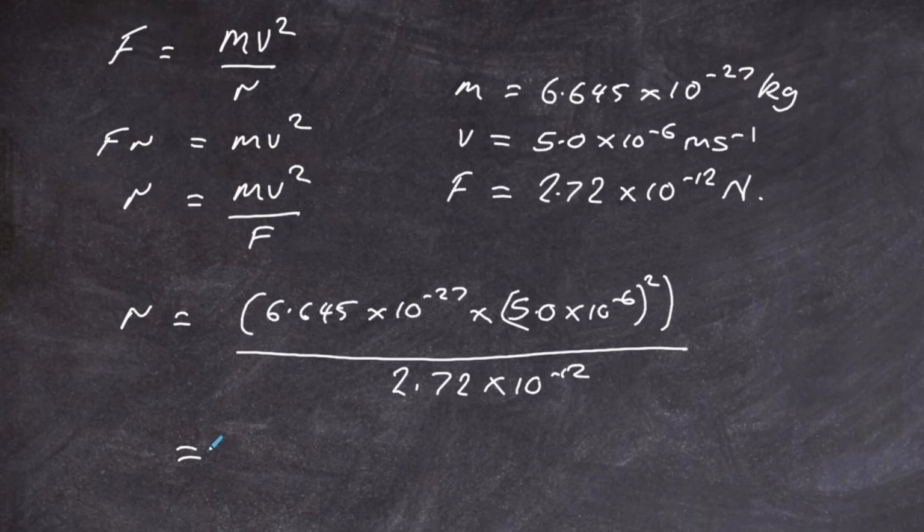So we do that in our calculators, we end up with the radius to be 6.1 times 10 to the minus 2 of a meter. So that's us worked out the radius of the alpha particle circle in the magnetic field.